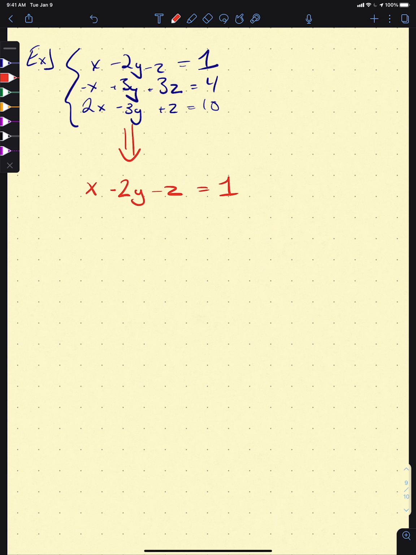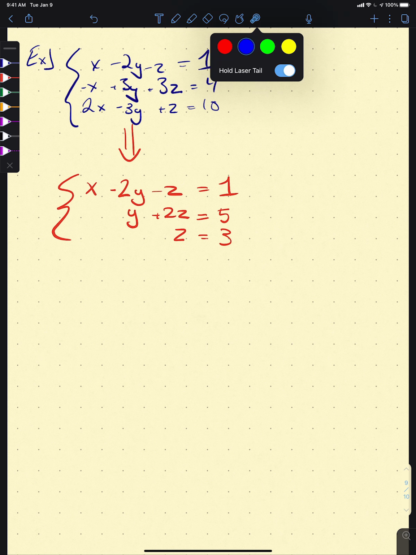We want to find a way to build an equivalent system that looks like this. This is what we call triangular form. And this is why it's so nice: you can use back substitution on this triangular form to get the answers almost immediately.